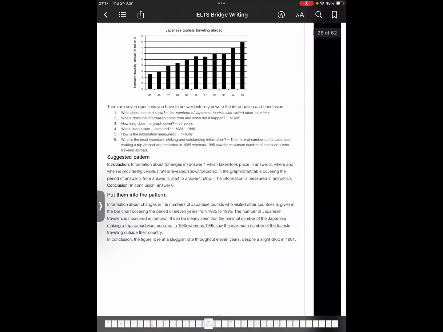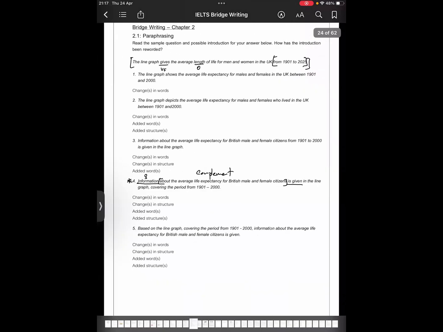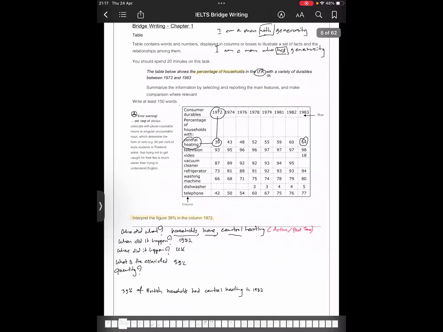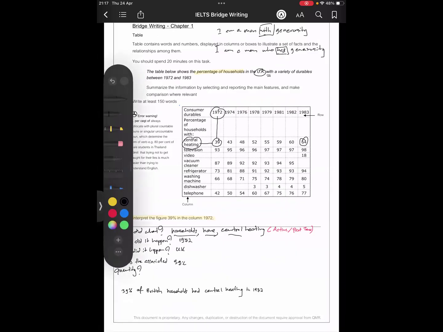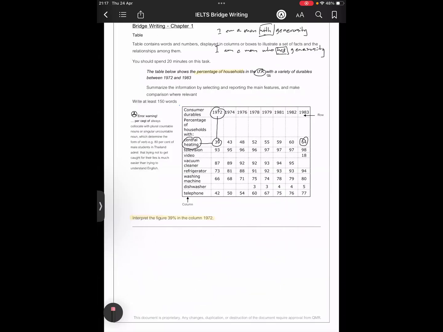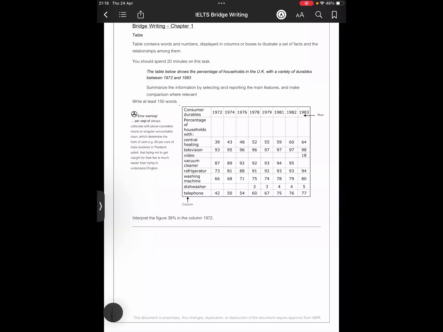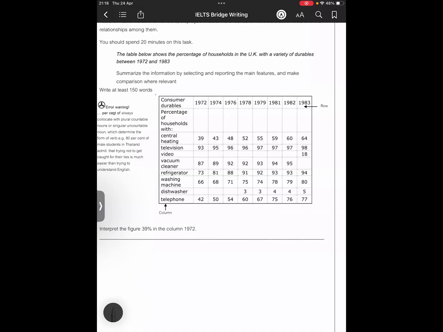Now, let's try to look at this table. So we're going to be looking at the trend first.